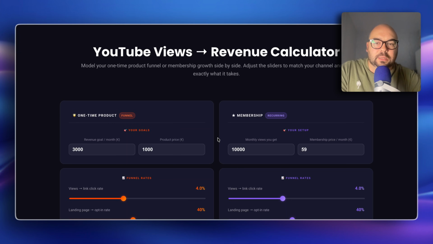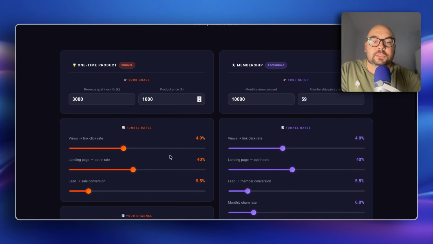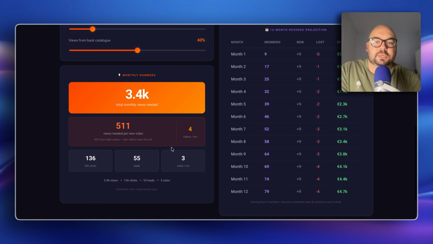Let me know in the comments if you find this useful, because I can't imagine you won't. I've been doing YouTube for 5 years now, and I find it extremely useful to just know what I have to aim at in order to keep my money at the same level every month, right? So this is the way these calculators work.